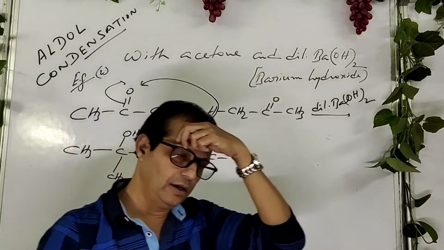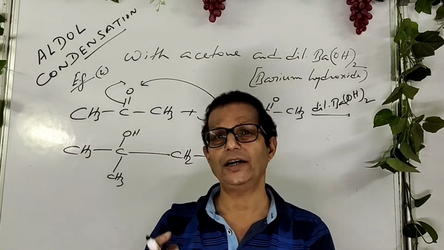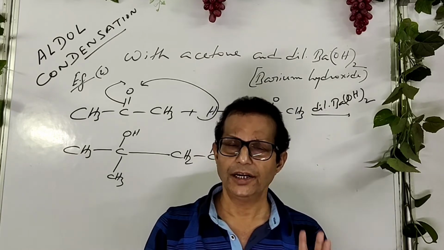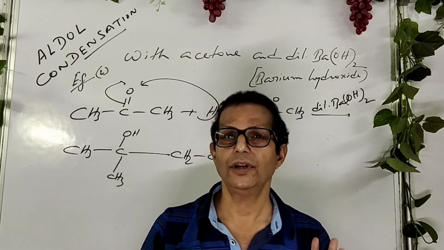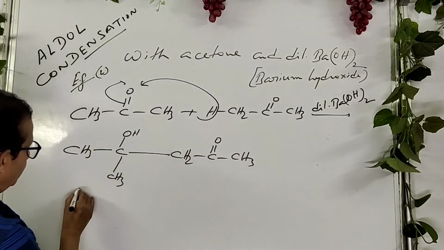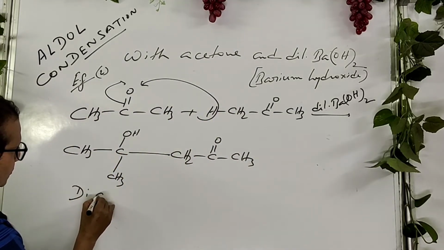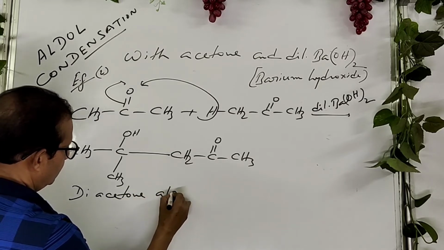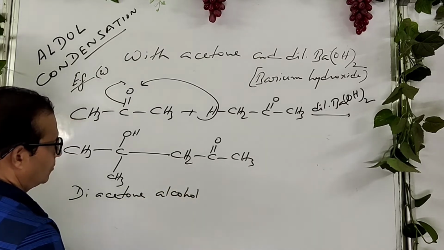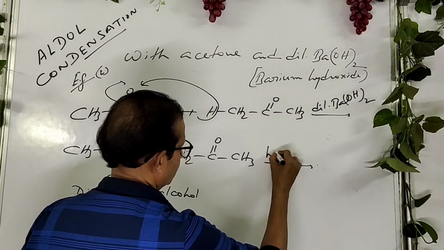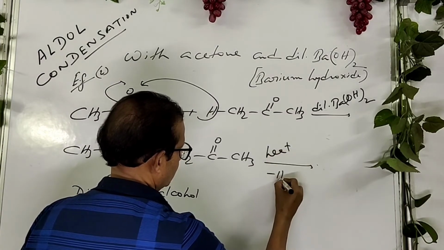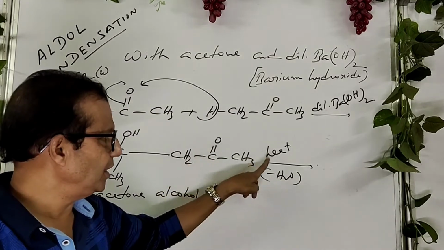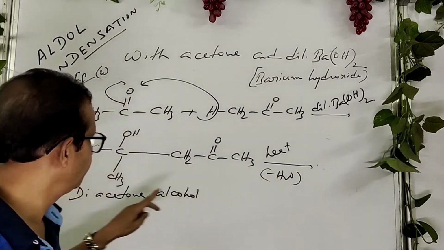This is not aldol. This is a similar product of aldol. That's why this is also an example of aldol condensation. Its name is diacetone alcohol. When this compound is heated, it releases one molecule of water.